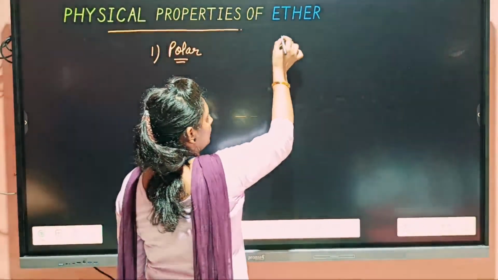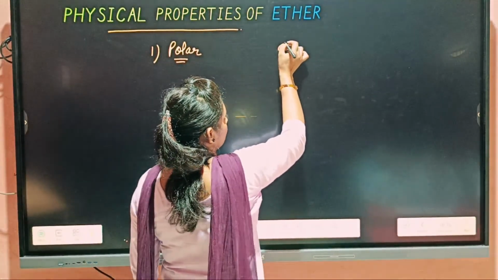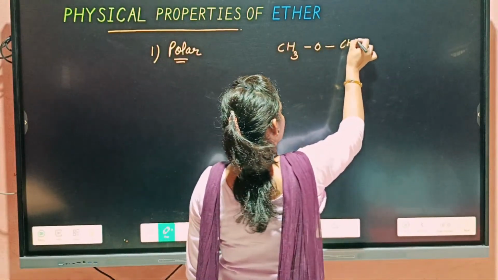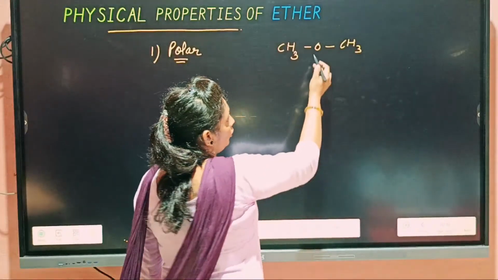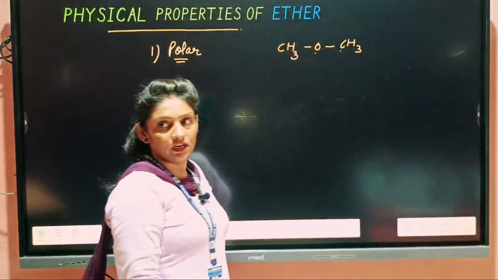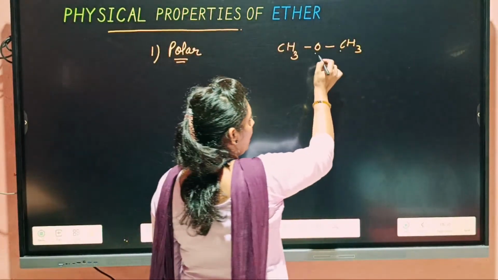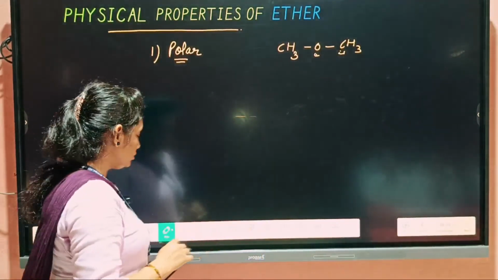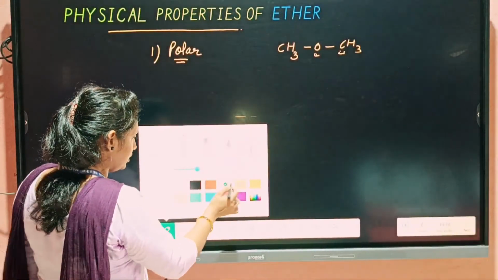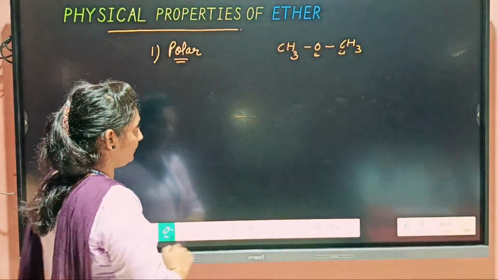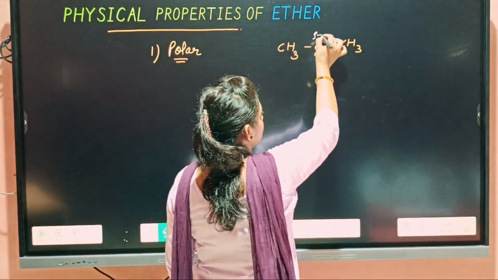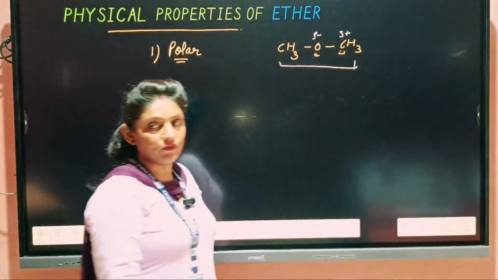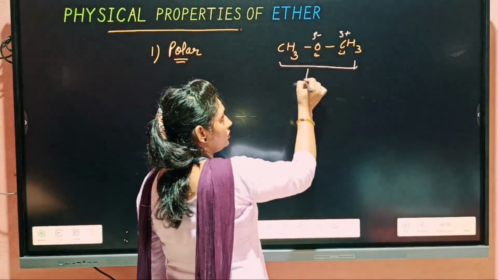Because the bond between oxygen and carbon has some electronegativity difference. So some positive and negative charge can be generated on them. Due to this, they are polar in nature, but they are very least polar.